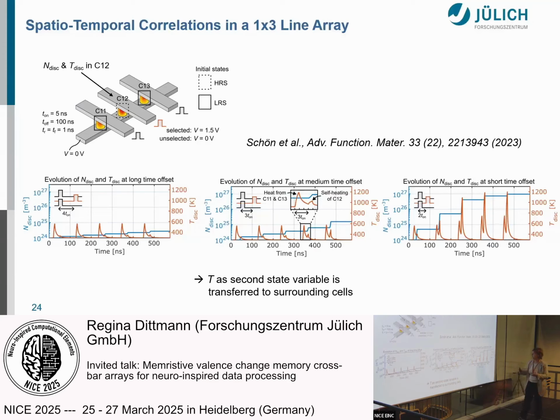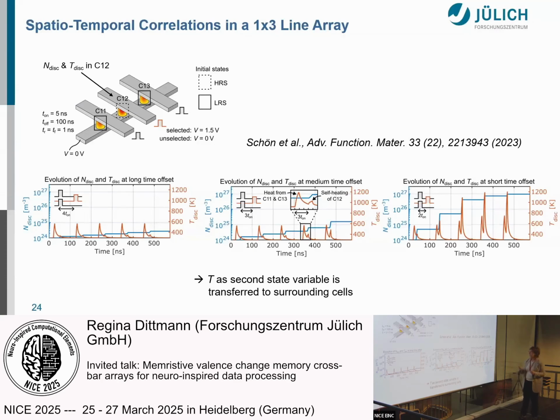So the temperature coming from the surrounding is strongly accumulating with the temperature coming from the pulse on the selected memristor itself, and then you get this very strong change of the oxygen vacancy concentration and the resistance in the device. So this could be a nice scenario to work with the surrounding and get, due to the thermal effects, some spatial temporal correlation in memristive crossbar arrays, which might be useful to implement certain types of algorithms and learning rules.